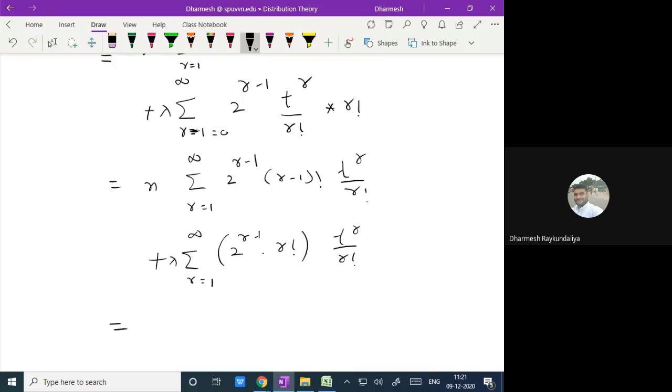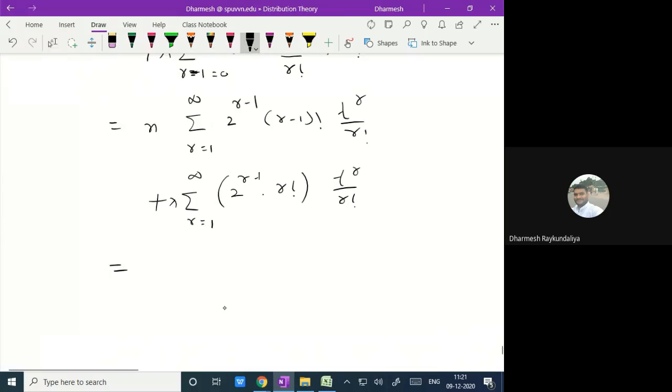So if I write together, it is summation r equal to 1 to infinity, n into r minus 1 factorial, n into... Here it is 2 raised to r minus 1, here it is 2 raised to r minus 1, so it is a constant.